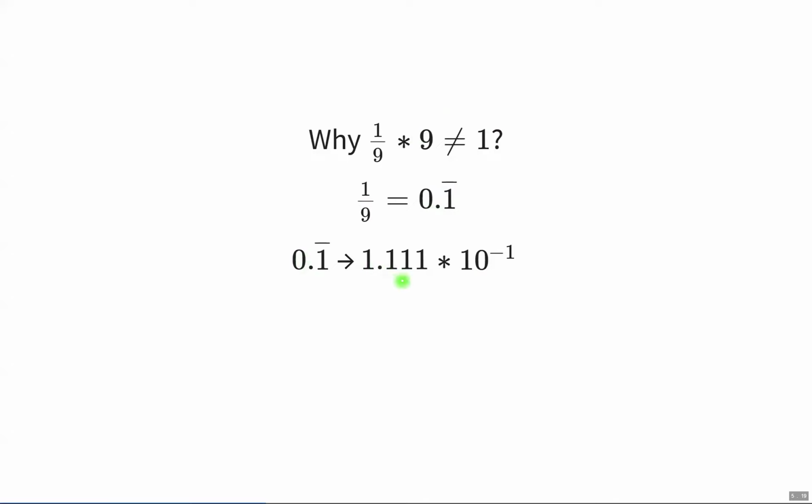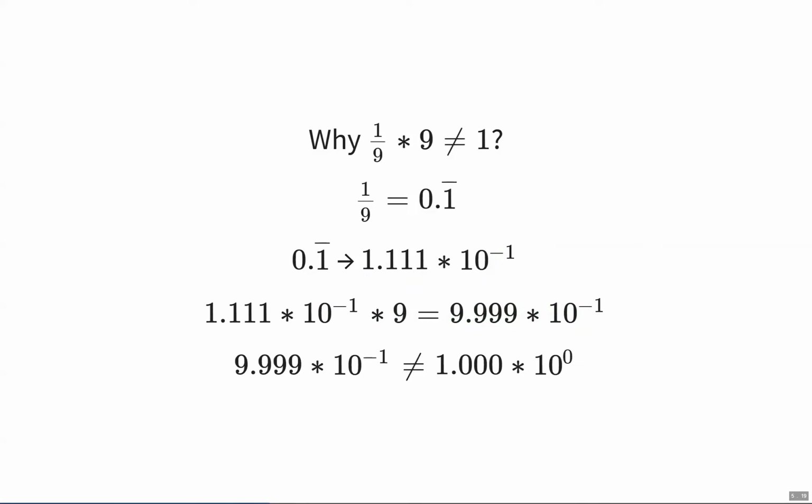So we have to round it. And when we round it, we get 1.111 times 10 to the power of minus 1. And when you multiply that by 9, we get the exact, correct result for this multiplication, but it obviously isn't 1. It's the largest number smaller than 1, but it's not 1.